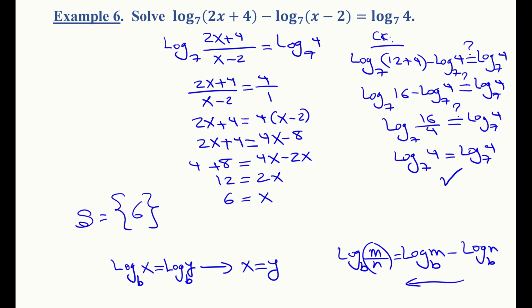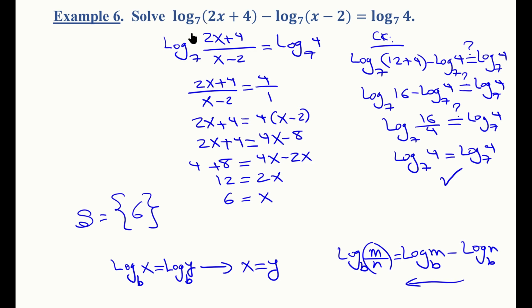All right, so that's how we handle a log on both sides scenario. If this were plus, of course, that would have become a multiplication. You'll see some of those on the homework with any textbook that you use, and you should be fine. So just follow the procedure.